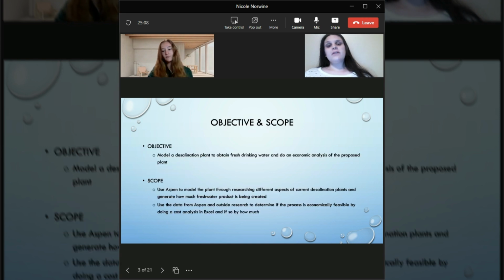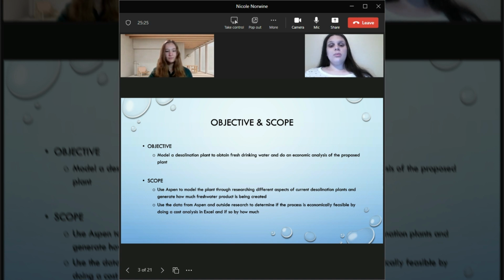So, the objective of this experiment was to model a desalination plant based off of desalination plants that are already in use today, to obtain fresh drinking water, and also to do an economic analysis of the proposed plant design.